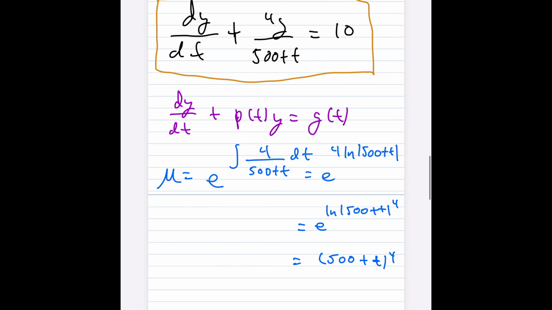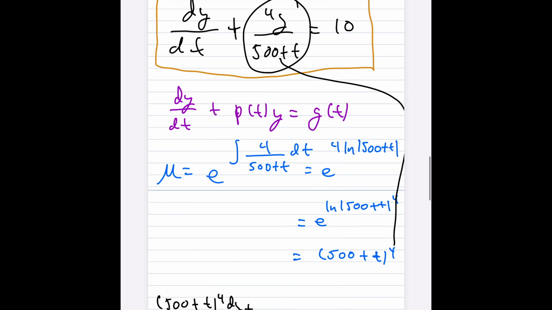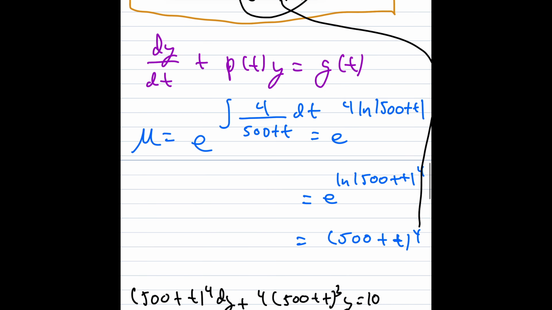We're going to take that mu and multiply everything in our differential equation by it. So you get (500 plus t) to the 4th dy/dt plus, when you multiply that second term, 4 times (500 plus t) to the 3rd y equals, and last but not least the other side, 10 times (500 plus t) to the 4th.